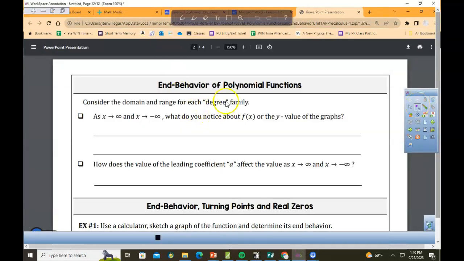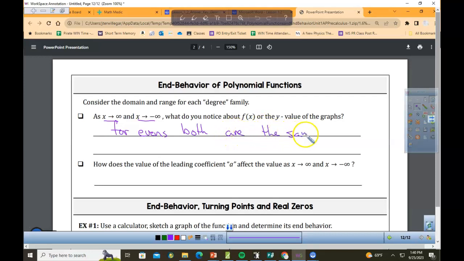So let's consider the domain and range for each degree family. As x goes to infinity and x goes to negative infinity, what do I notice about the f of x, or the y values? Well, for evens, both are the same. If one went to infinity, the other went to infinity, and vice versa.